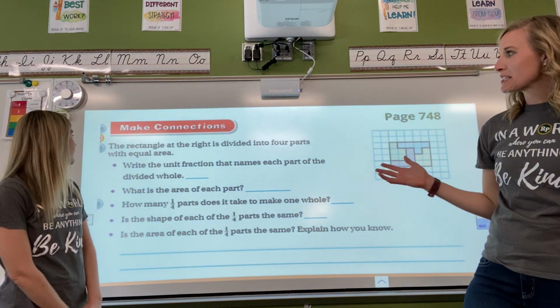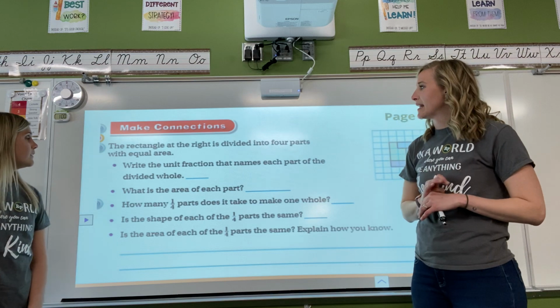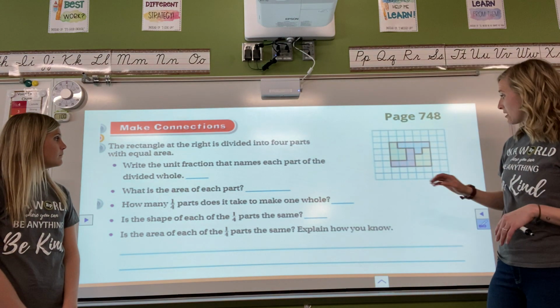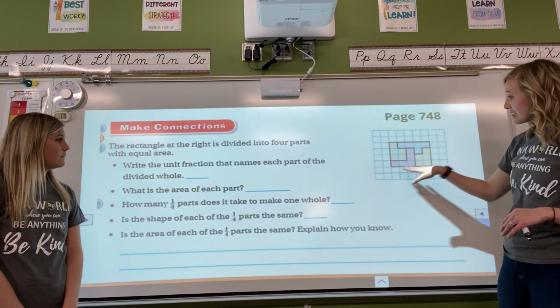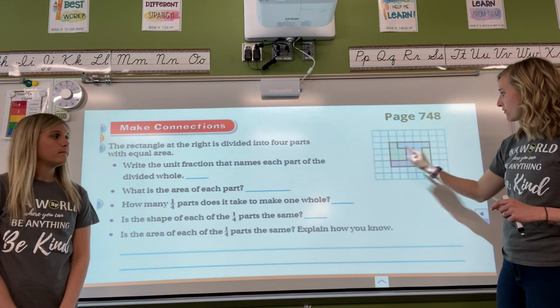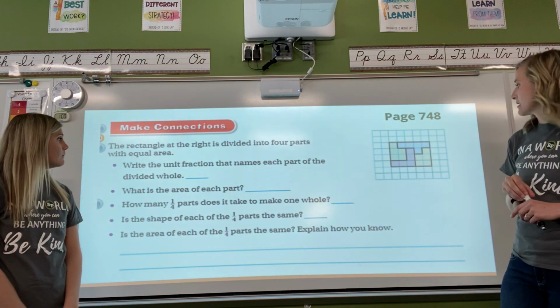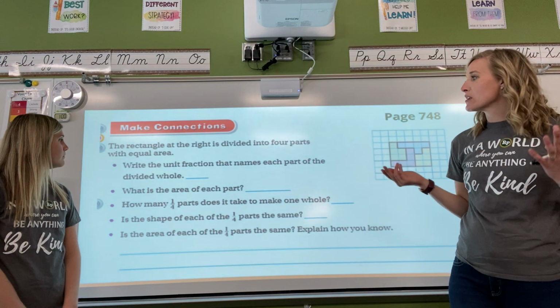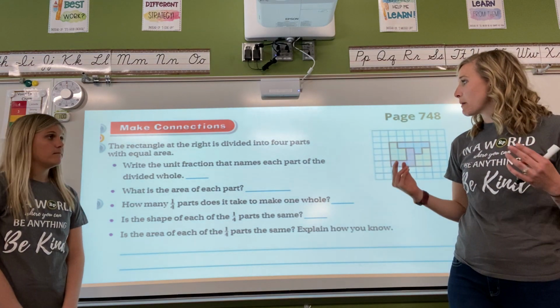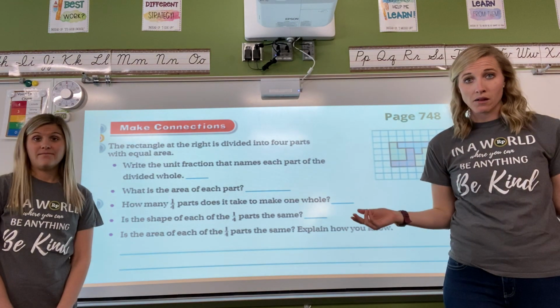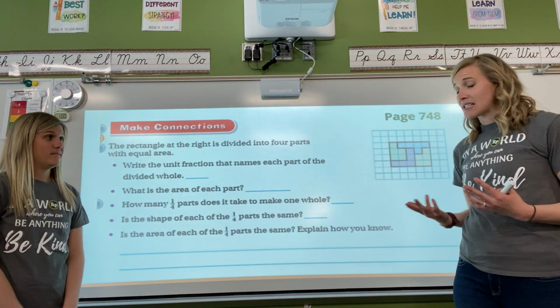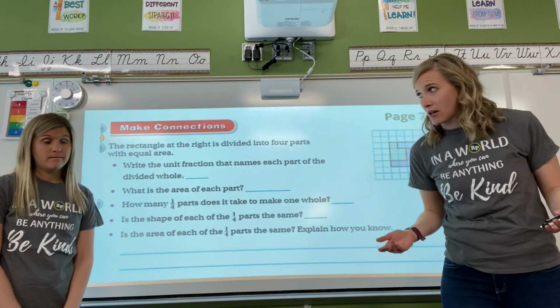Okay, here we go. The next page, it says the rectangle at the right is divided into 4 equal parts. So we're looking at this rectangle over here, and it's divided into 4 equal parts. It says write the unit fraction that names each part of the divided whole. So that means I have 4 equal parts.